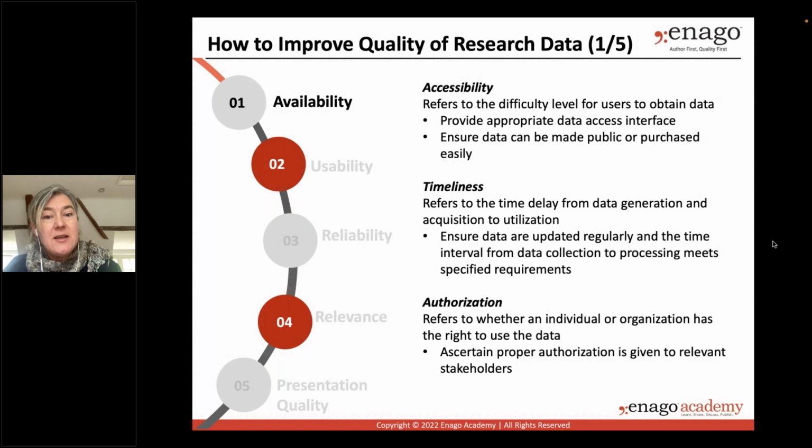So timeliness around availability. If you're wanting to make it open ultimately, you want to think about how much you can reduce the time delay from data generation to acquisition to utilization. That can be an issue if you've got multiple partners, or if there are publications or patents involved.